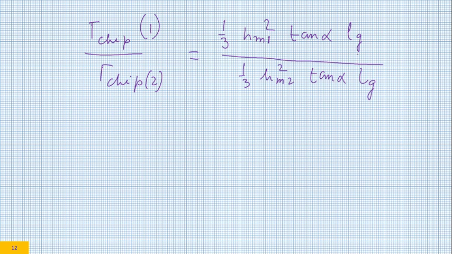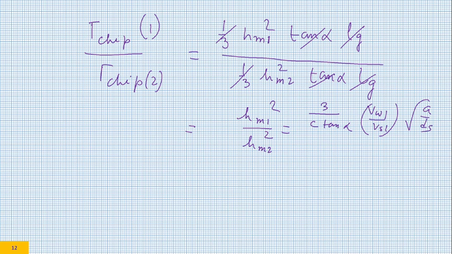Lg would not change because A and D is not changing. So these two will cancel out. These two will cancel out. These two will cancel out. So you will be ending up with Hm1 square by Hm2 square, which is 3 by C tan alpha Vw1 by Vs1 divided by root over ADS.